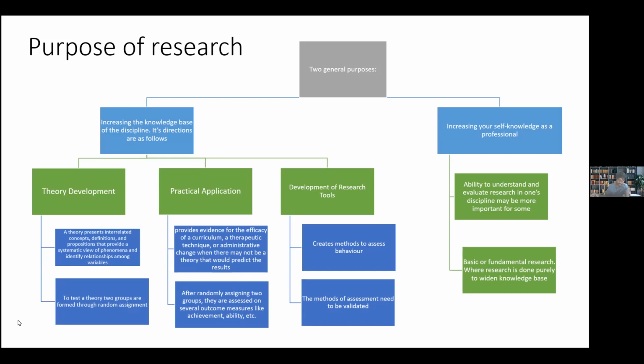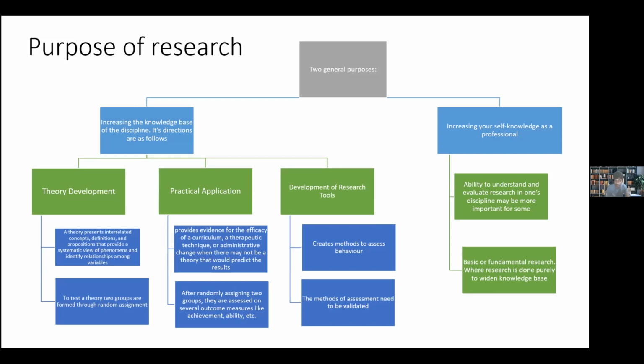So here, after the random assignment that we discussed in theory development, you'll randomly assign a group of people into experimental and control. You'll take measurements of those people, like their achievements or their ability. So if you're giving a group of people a memory training technique, okay? You're going to see how effective that memory training technique was or is going to be. So you'll separate the sample into two different groups. One is experimental, the other is the control group.